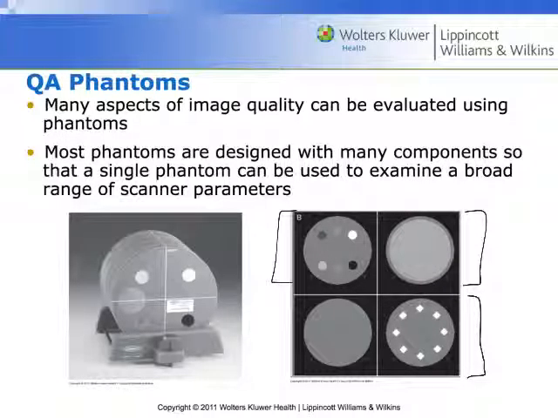So this might be used for spatial resolution, and something like this might be used for contrast resolution. We're going to measure it by placing ROIs on it in different prescribed locations and reporting those attenuation values from the ROI, as well as a standard deviation between them.